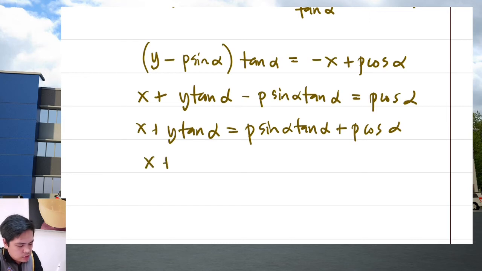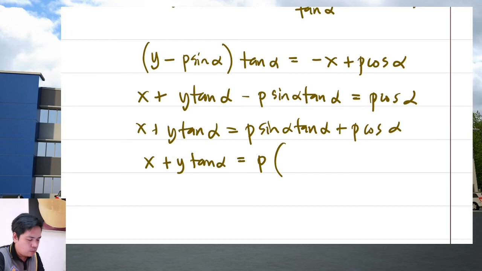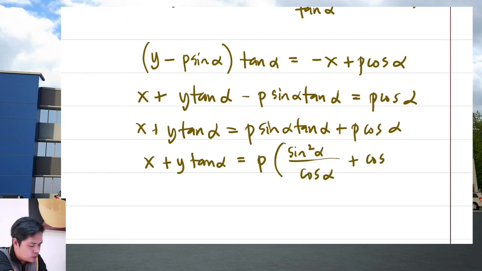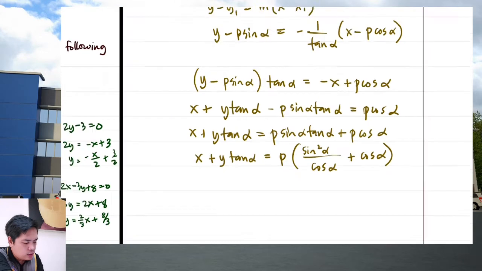So x plus y tangent alpha is equal to, factor out p. And recall that tangent is sine over cosine. So this is sine squared alpha over cosine alpha plus cosine alpha.